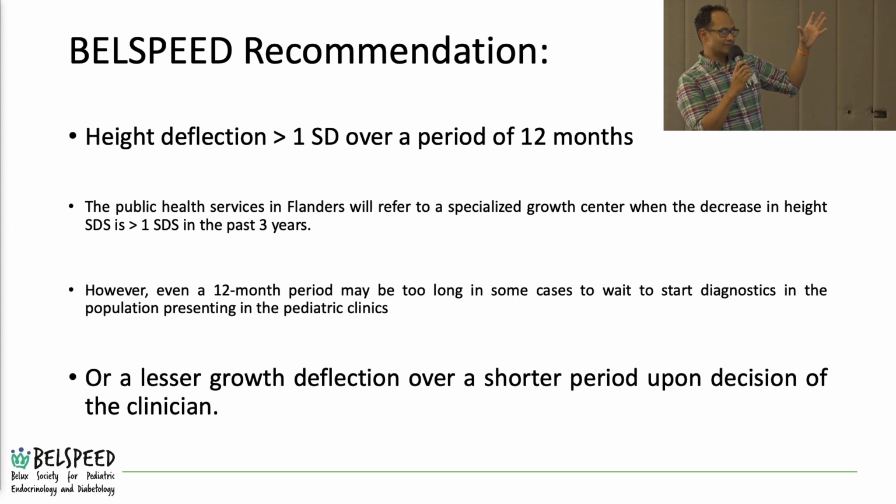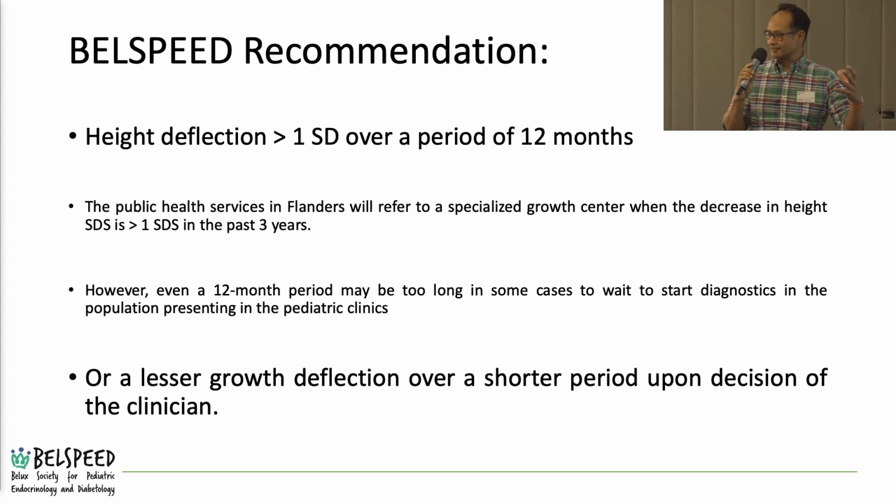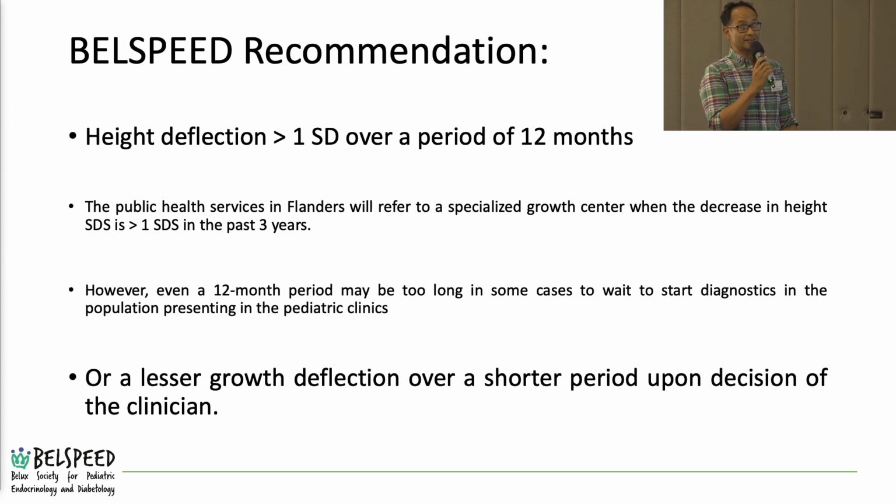However, there are some other authorities that use slightly different guidelines. As you see, in the public health services in Flanders, they will refer to a specialized growth center when the decrease in height is more than 1 SDS over the past 3 years.